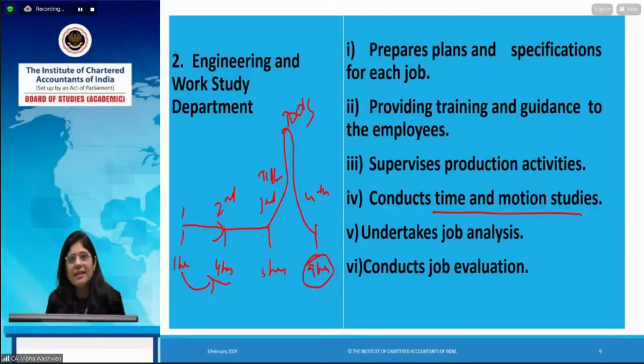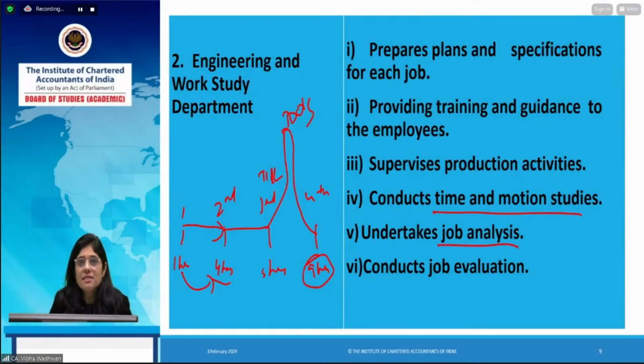What exactly is the process of the machine? So it scrutinizes everything, the movement of the men and the machine, so that the time can be saved, the wastage can be eliminated. That is motion study. So time and motion study are very, very important exercises which are done by the engineering and work study department.